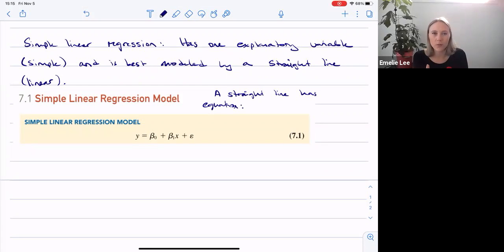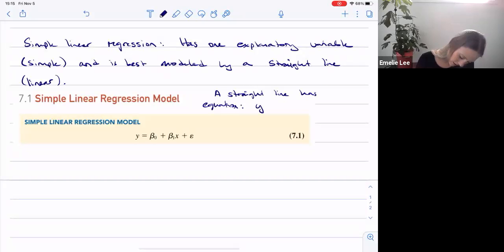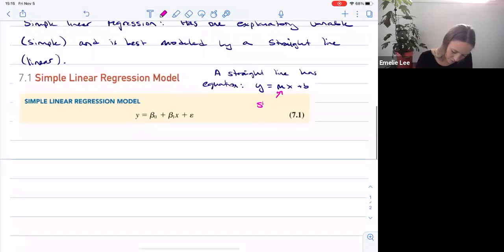I'm not sure why we do that, but we do. Y equals mx plus b, where m, of course, is the slope because it's attached to the x, and b is the y-intercept.